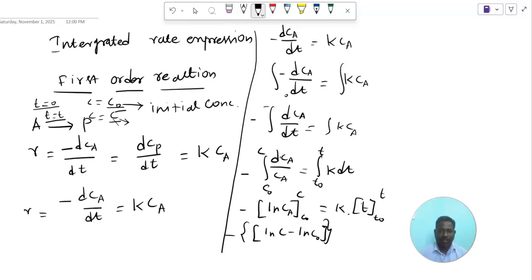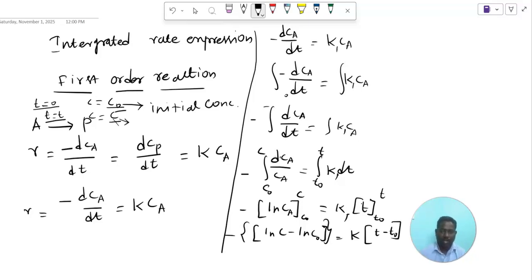Since this is the first order reaction, the rate constant is k1. If you apply the limit on the right hand side, it is k into t minus t0.